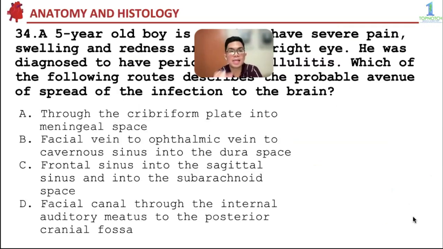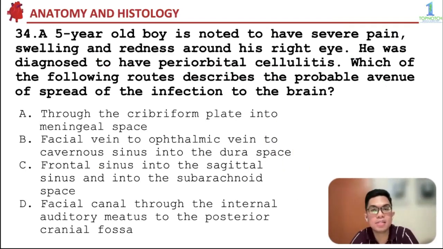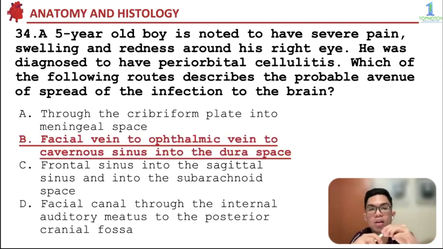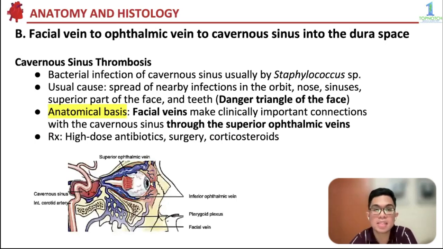Okay? Next. 14th question. A patient with cavernous sinus thrombosis after periorbital cellulitis, what's the anatomical basis for it? It's because the facial vein is connected to the ophthalmic vein, which drains into the cavernous sinus. Cavernous sinus thrombosis is a bacterial infection, usually due to skin infections of the face.